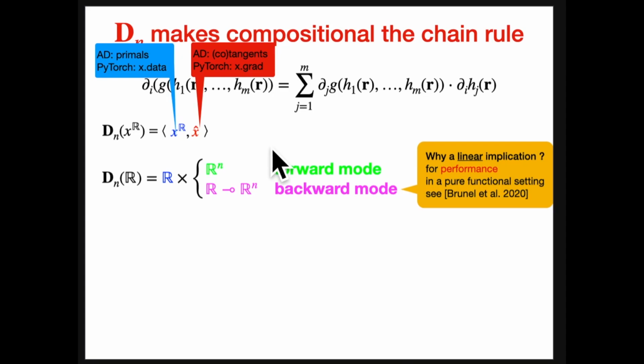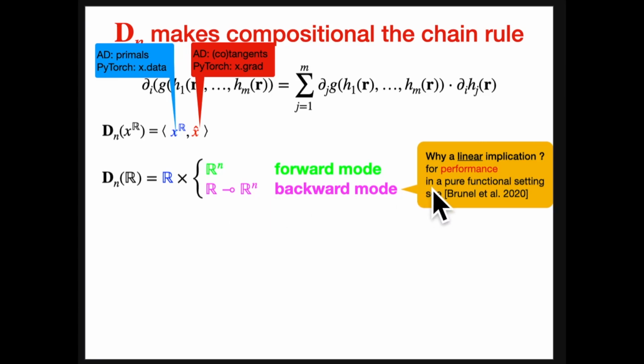So in our context, the types of the primals are given just by the ground type of real numbers, while the type of this accumulator depends on which mode we are adopting. In the case of the forward propagation, the tangents are just tuples accumulating the intermediate computations of the gradients. And in the case of the backward propagation, the types are, how can I say, continuations, returning this tuple of the gradient at the end of the computation.